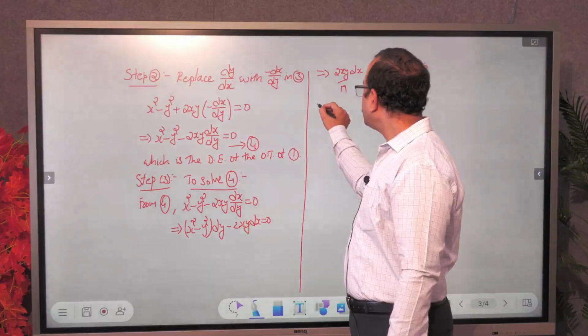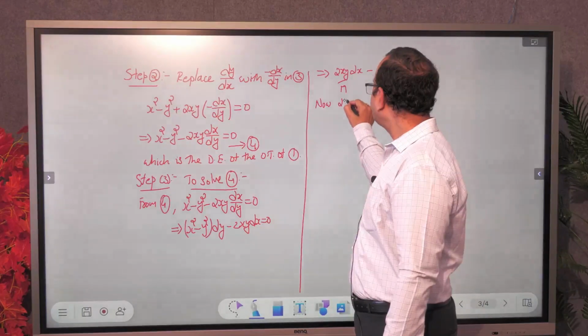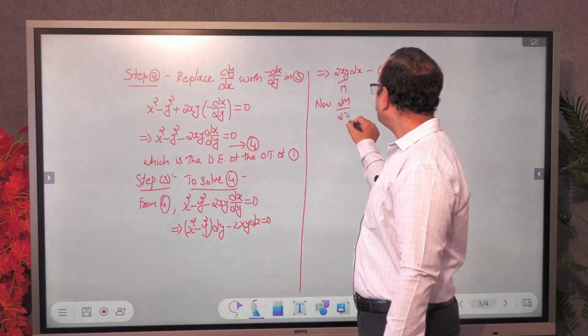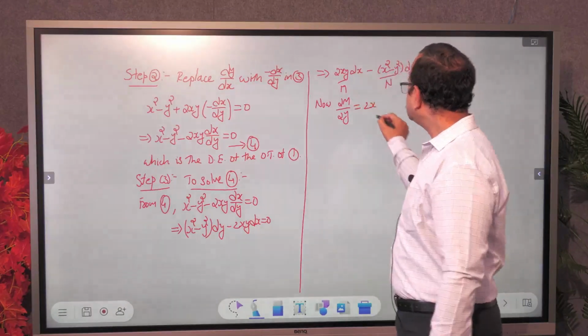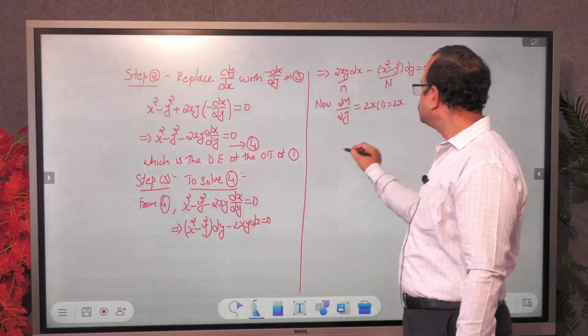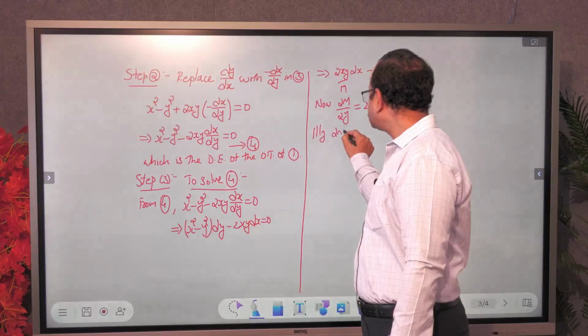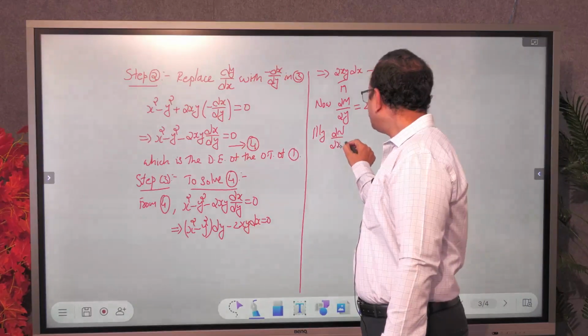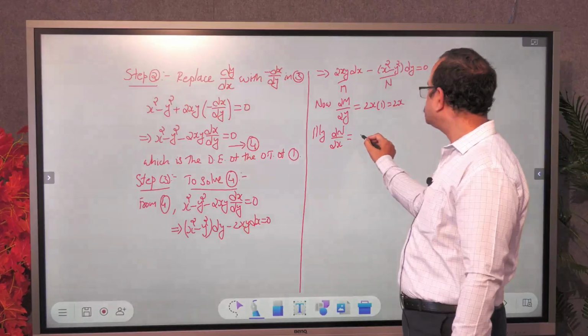For that, you calculate dou M by dou y first. If you calculate dou M by dou y, what do we get? 2x only, because x is a constant and the derivative of y is 1. So 2x into 1 means 2x. Similarly, now you calculate dou N by dou x, the partial derivative of N with respect to x. Here we have minus x square plus y square.